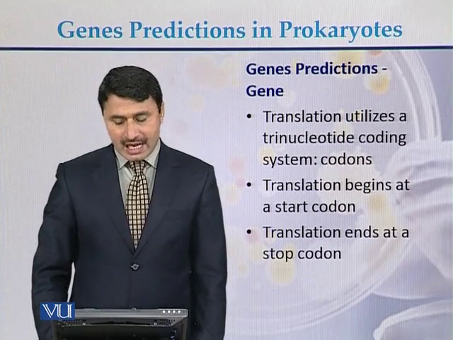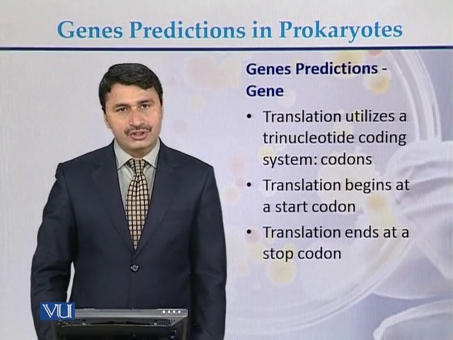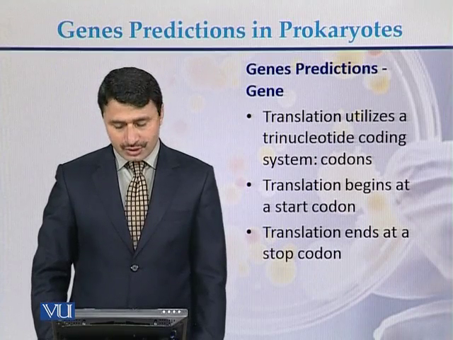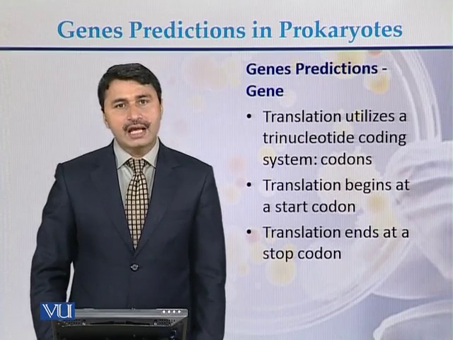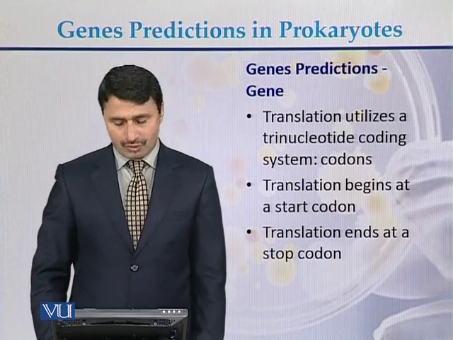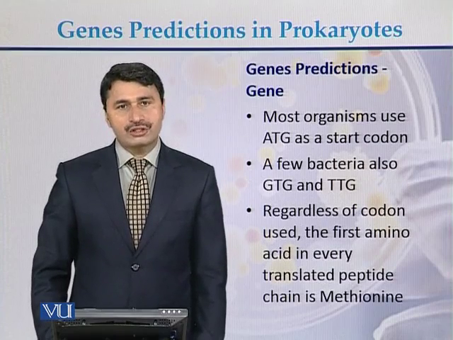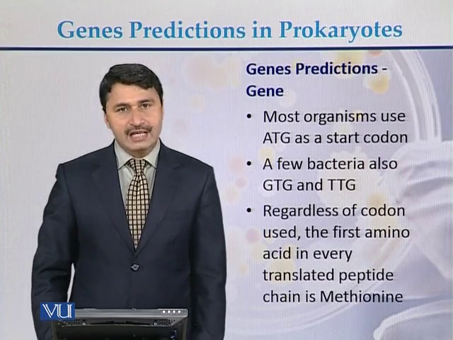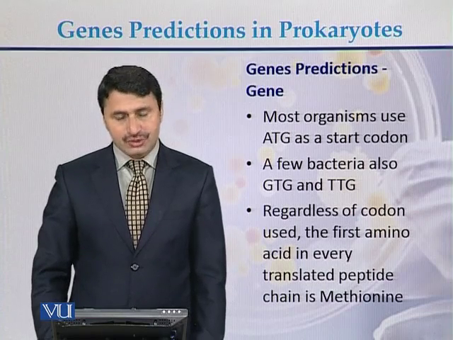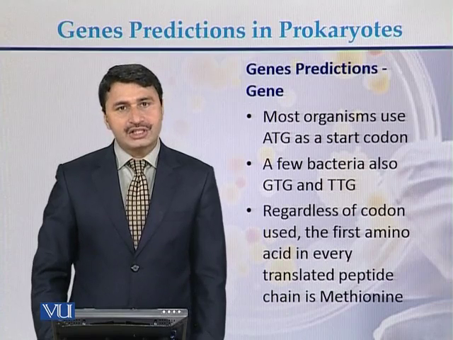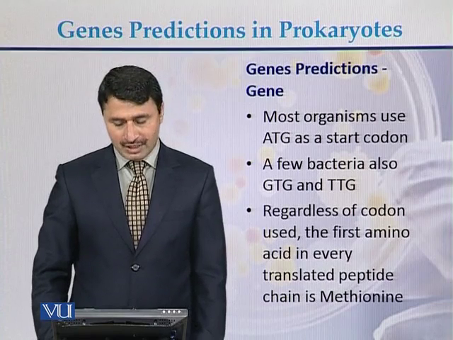Translation utilizes a trinucleotide codon system, which are called codons. Translation begins at a start codon and ends at a stop codon. Most organisms use ATG as the start codon, while a few bacteria also use GTG and TTG as start codons.